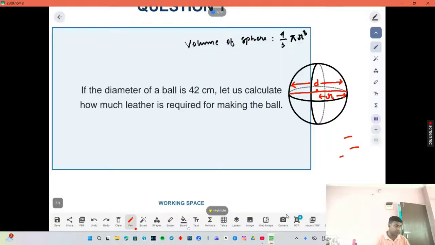To find this, we need the curved surface area or the total surface area of the ball. And do you know what is the shape of a ball? The shape of a ball is sphere.